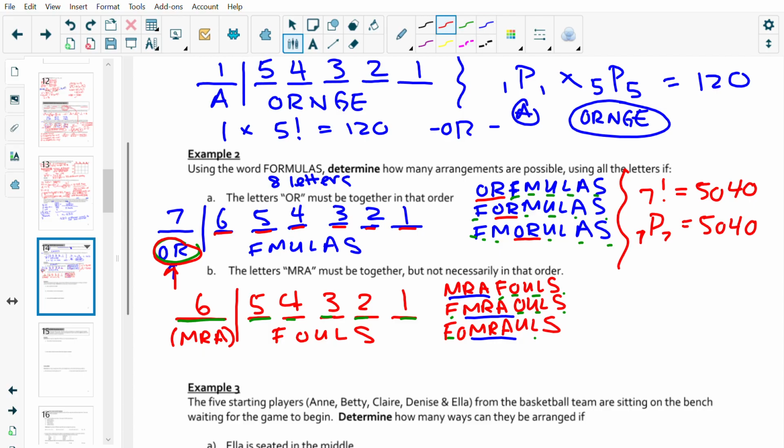Okay, so this gives us 6 factorial, but let's keep in mind it says must be together, but not necessarily in that order. So MRA can be permuted, right? 3 things, taken 3 at a time.